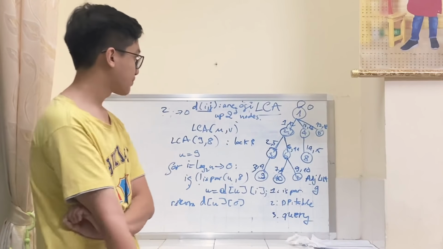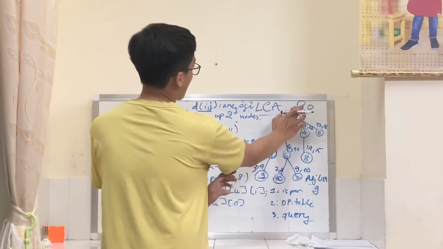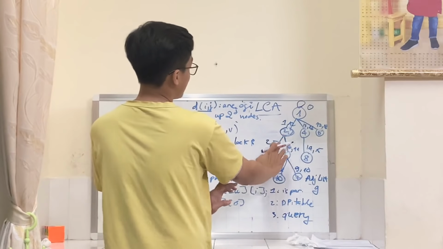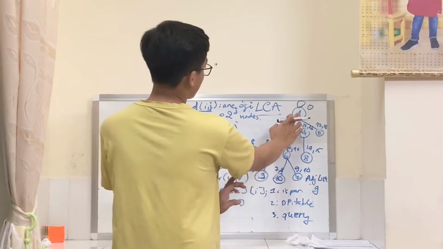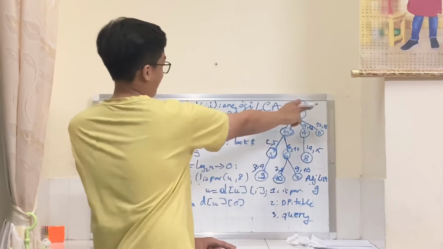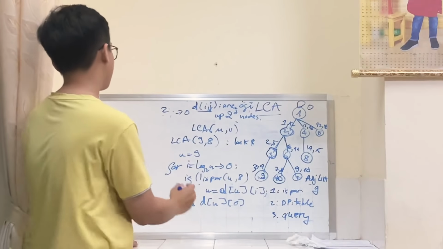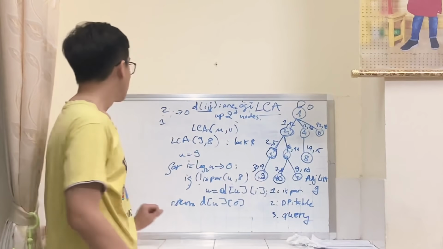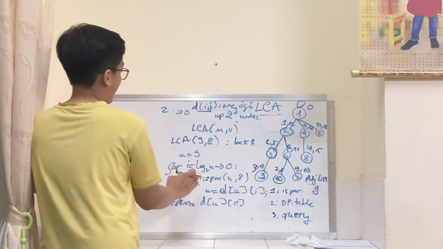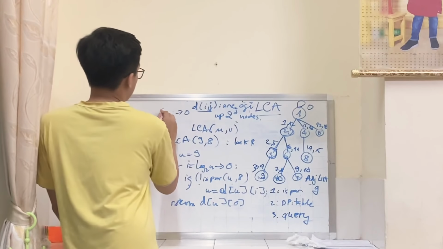It's still 1, and 1 is the ancestor of node 8, so we will not take it.